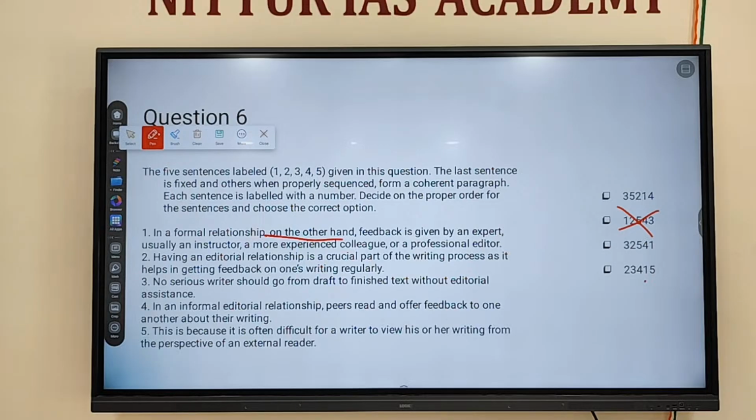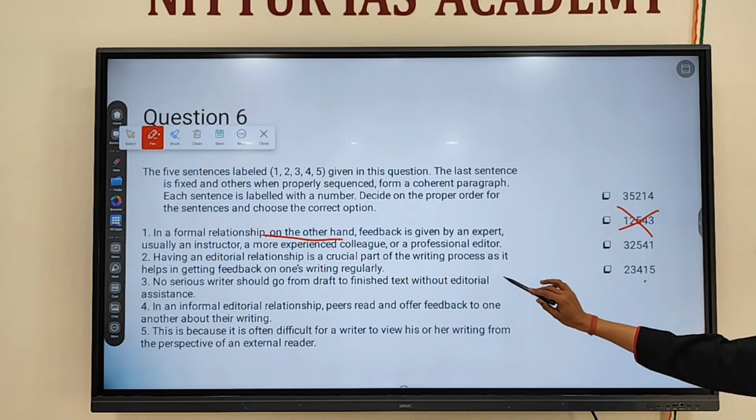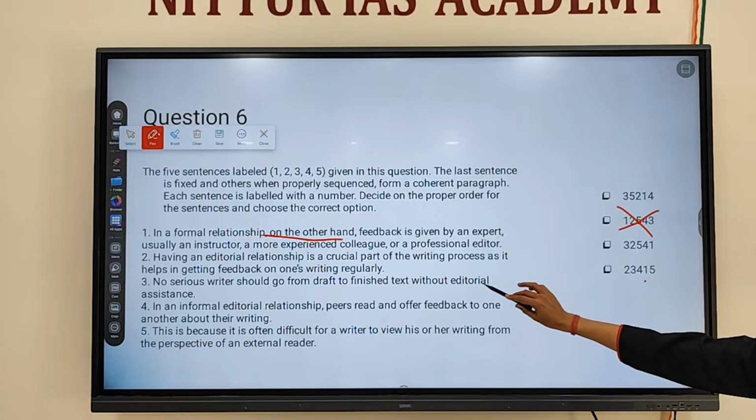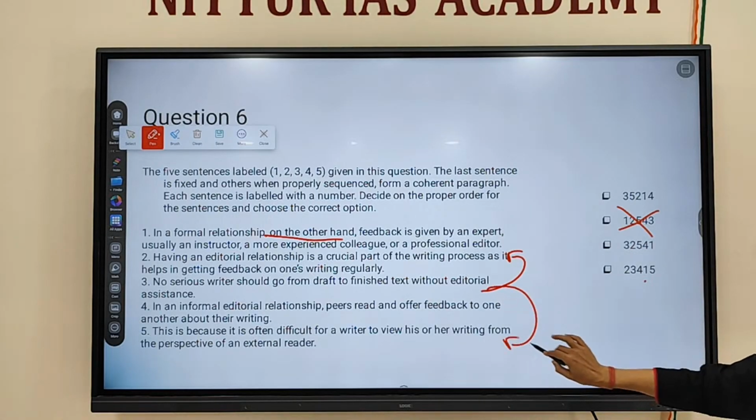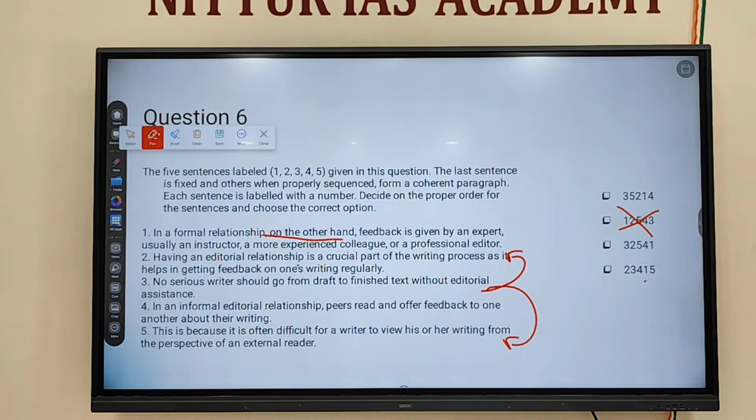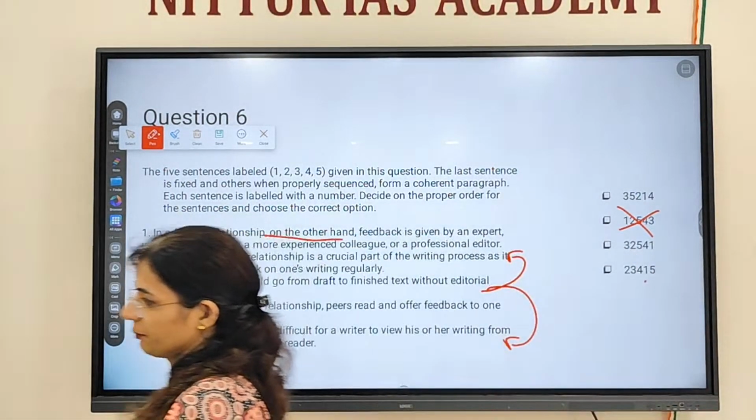No serious writer should go from draft to finished text without editorial assistance, and then having an editorial relationship is important. First 3 and then 2, or 3 and then 5. 3, 5, 2, 1, 4, or 3, 2, 5, 4, 1.